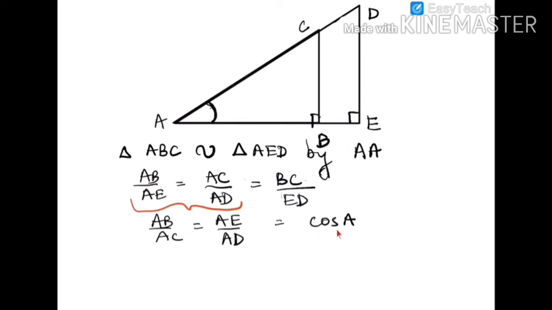It is still going to be cos A. So this shows that even if we change the length of this right triangle, keeping the angle same, the ratios will remain unchanged.